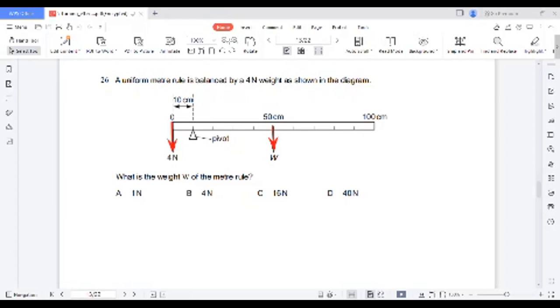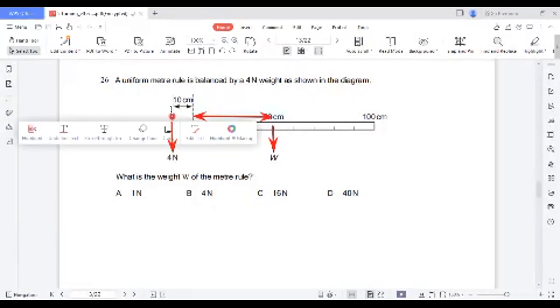Now let's calculate the distance. The distance from here till here, like the 0 is here. You can see 0 is here.